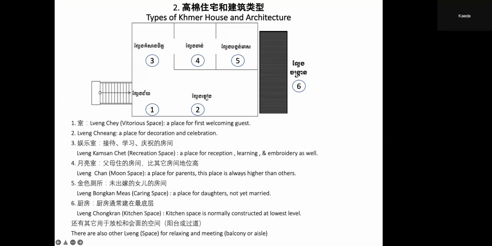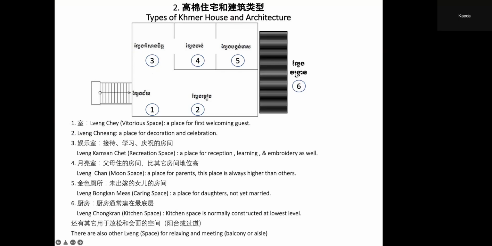Number 2 is a space for decoration and celebration in case of any meeting or party. Number 3 is the recreation space. It's a place for reception or family meetings.